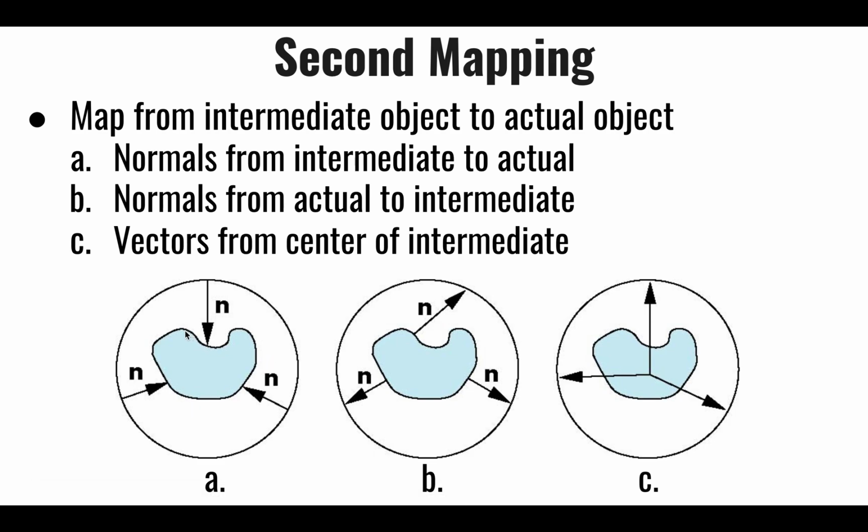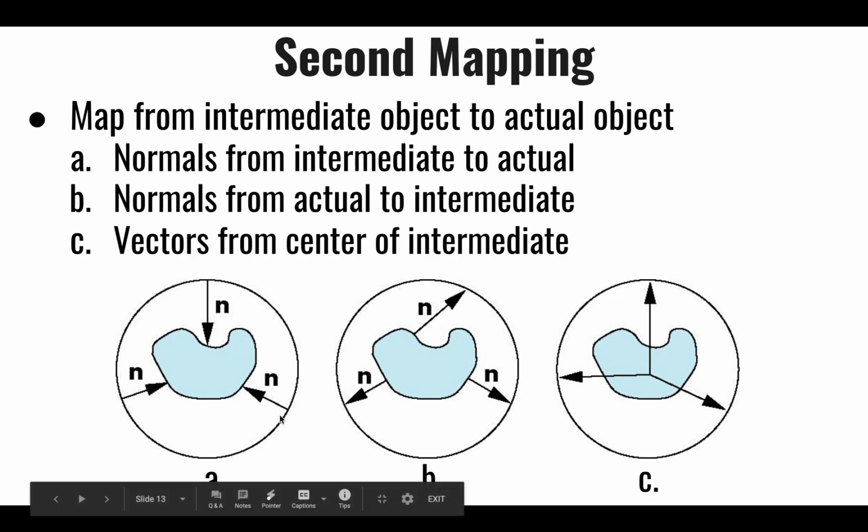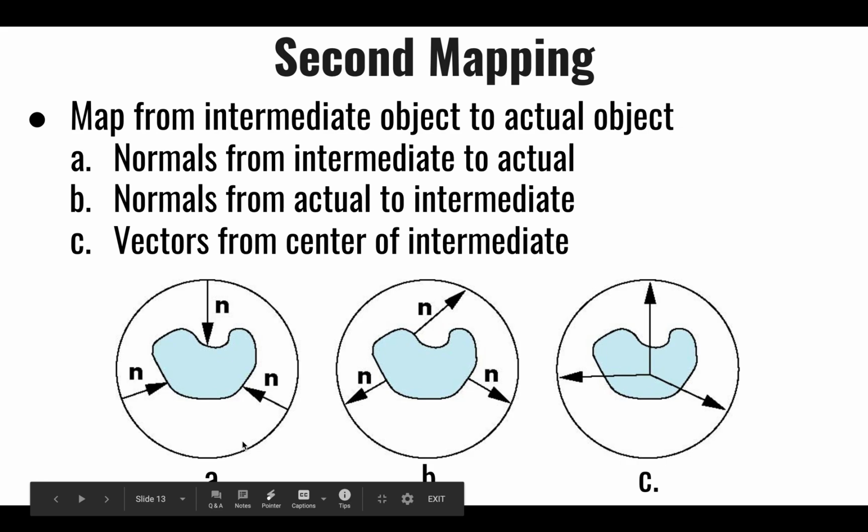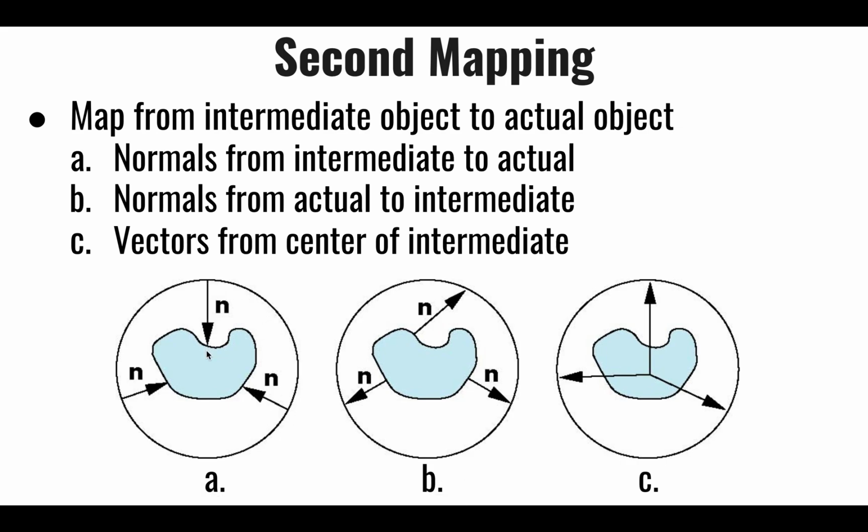There are three different options. You can take a look at each one as you iterate over the various normals that define your normalized geometry, whether it's a cylinder or a sphere. You can calculate the normals of your sphere or cylinder, and then project how that maps onto the normals of your actual surface.